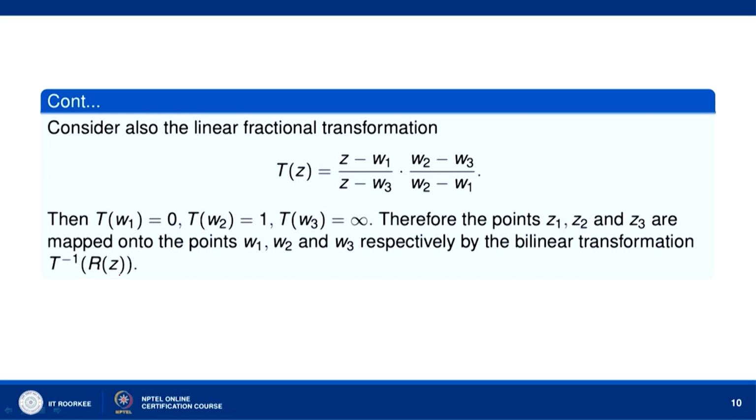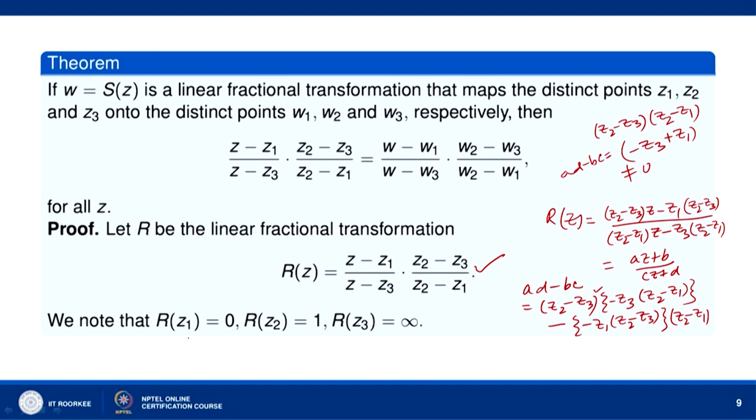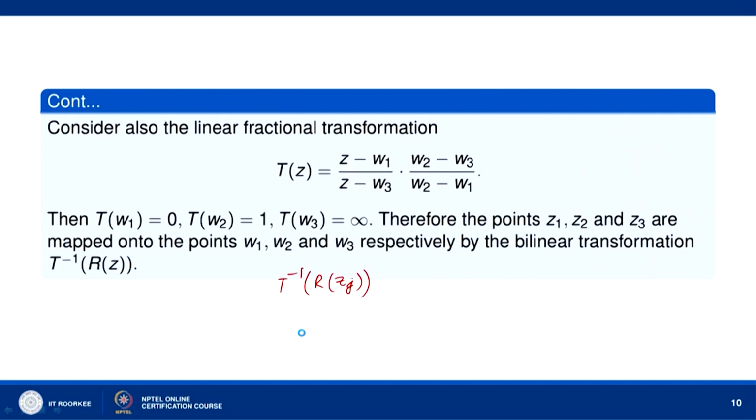T inverse Rz. How? Because T inverse Rzj, let us call them Z1, Z2, Z3, Rzj are 1, 0, infinity. So, Rzj goes to 1, 0, infinity. T inverse maps W1, W2, W3 to 0, 1, infinity, so T inverse maps 0, 1, infinity into W1, W2, W3.